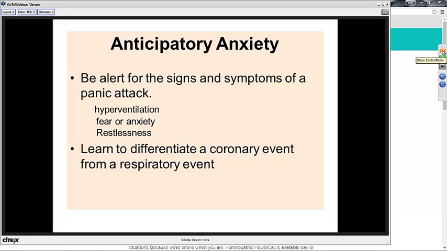So hyperventilation, which leads to blowing off your CO2, and that leads to paresthesias in the periphery, faintness, all that kind of stuff. Restlessness, certainly, because you're hypoxic as well when you do that.